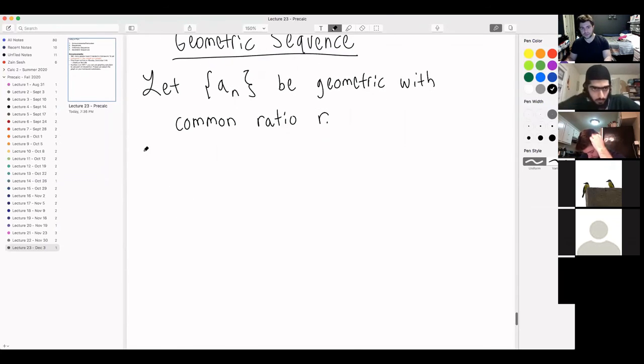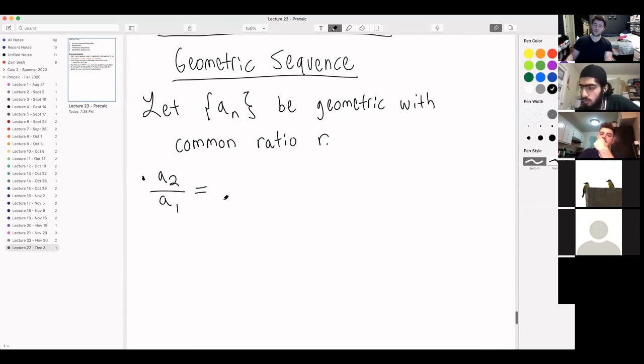Okay, good. So firstly, A sub 2 divided by A sub 1. What should this be? If we know that it's geometric, I know the common ratios are, what should A sub 2 divided by A sub 1 be? The division of its term by its previous term. Does anyone see? I think it's A sub 3, right? Not A sub 3.